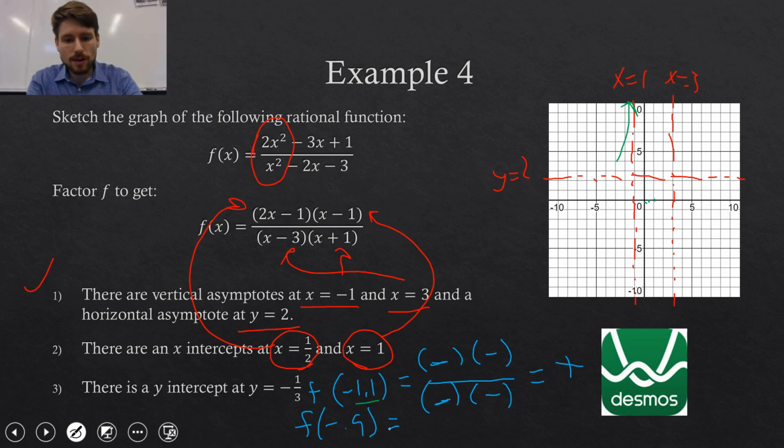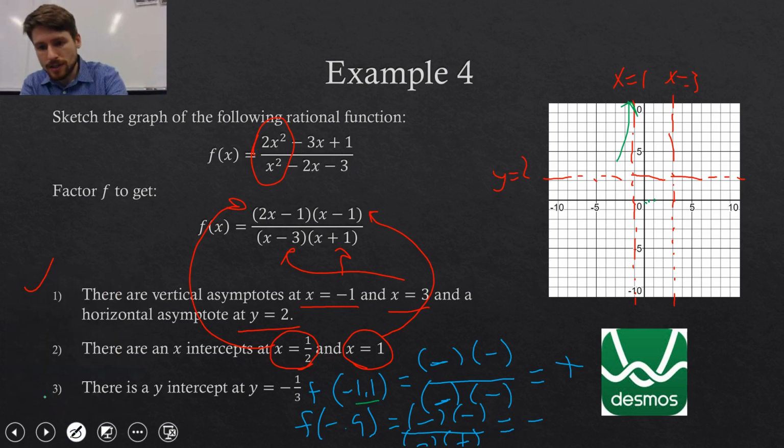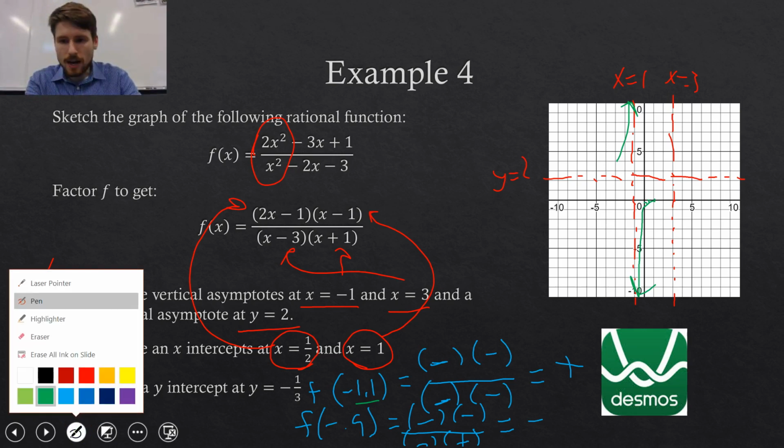The numerator is staying negative, negative, and the denominator is negative, and then now this one switches, because -0.9 plus 1 is now a positive number, because 1 is more than -0.9. And so we have 3 negative signs, and that's overall negative. So now it's going down to negative infinity just to the right of -1.